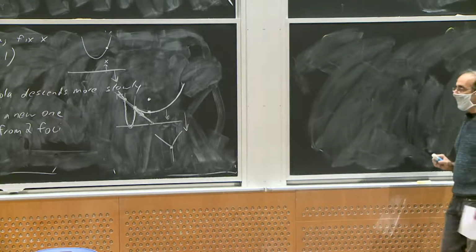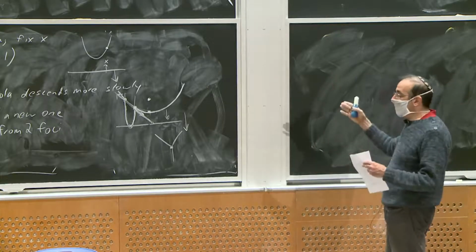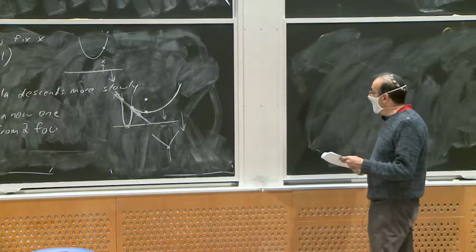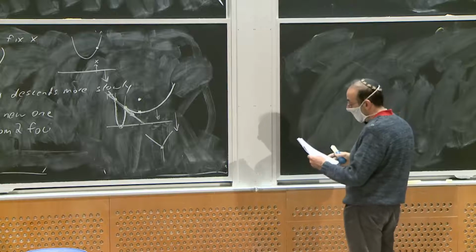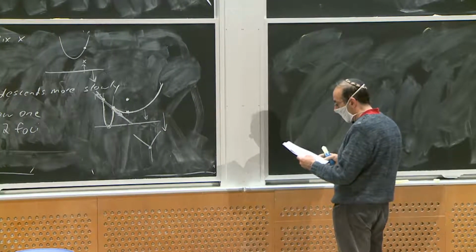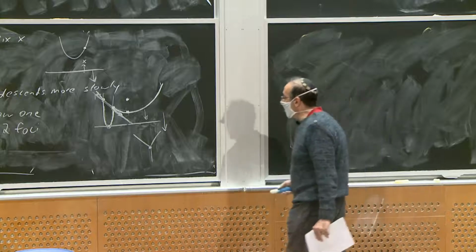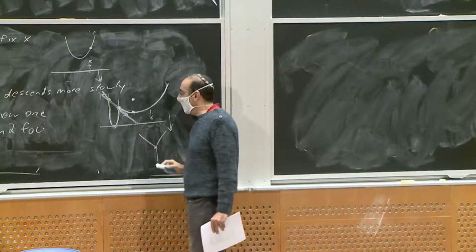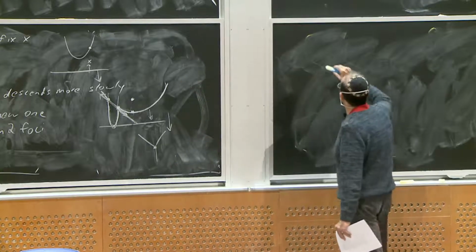But let's think about how that happens in terms of the parabolas. What sort of parabola shapes cause this to happen?